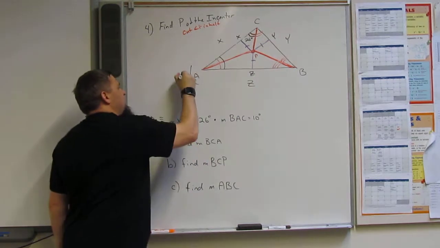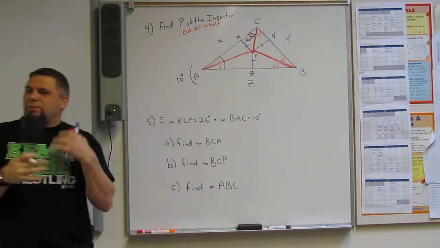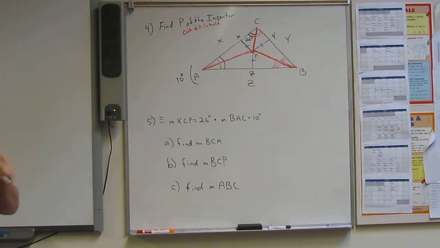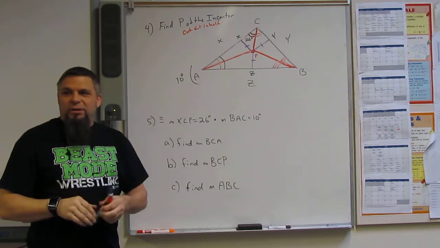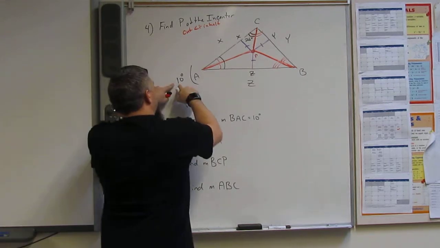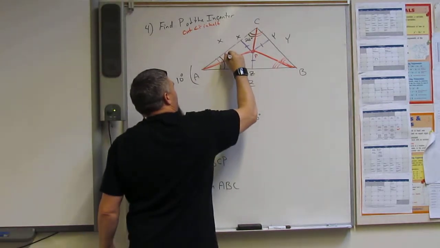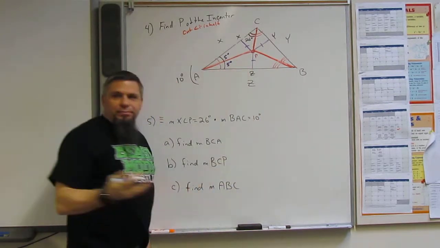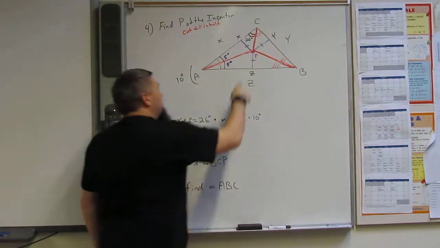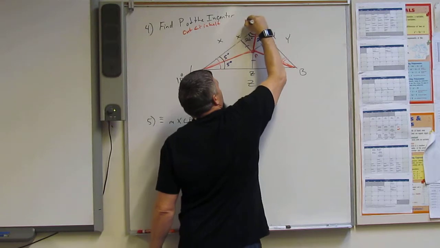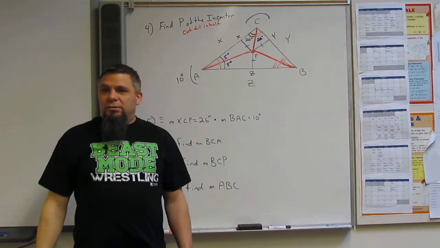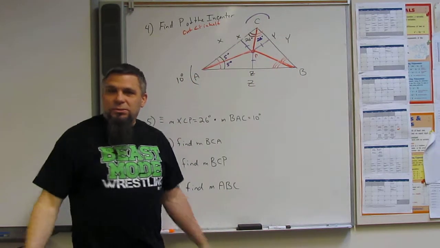And notice I'm putting the whole one on the outside so I can put the two halves on the inside. Now I can just start playing around. This is 10, so each one of these is 5. If this is 26, then this has to be 26, which makes this whole thing 52.